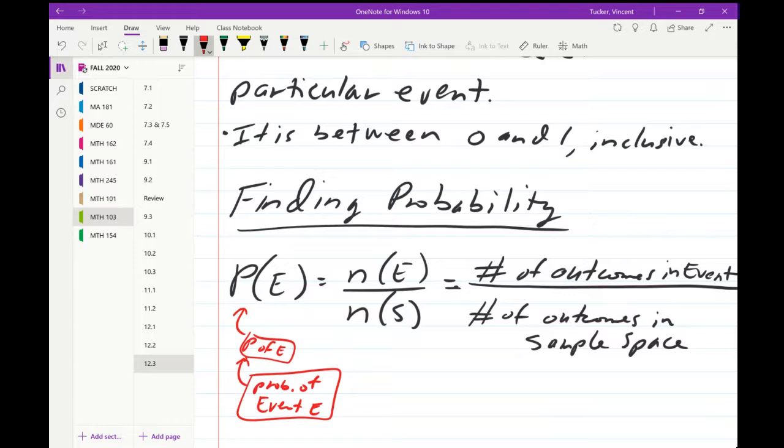The way you would calculate or find your probability is that you find the number of outcomes in your event, then find the number of outcomes in your sample space, and the number of outcomes in the event over the number in the sample space would be your probability.